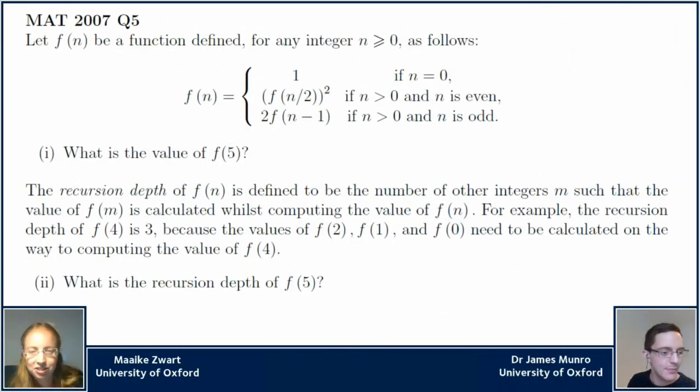So we have a recursively defined function, which the previous question sort of gave you a feel of how you could get a recursive function out of a real life situation. And here the function is already given to us. And now the question is mainly about computing some actual values for that function.